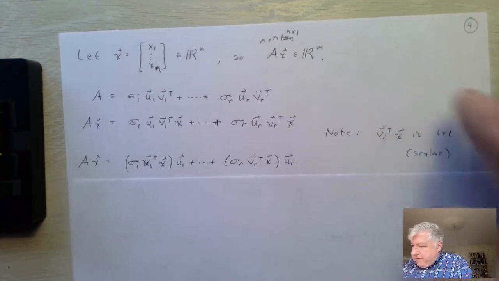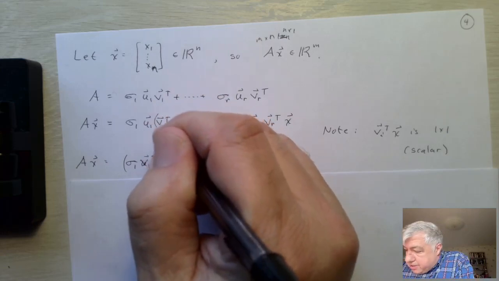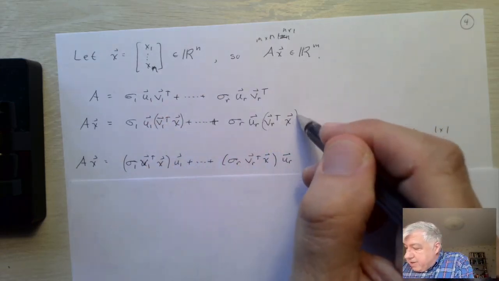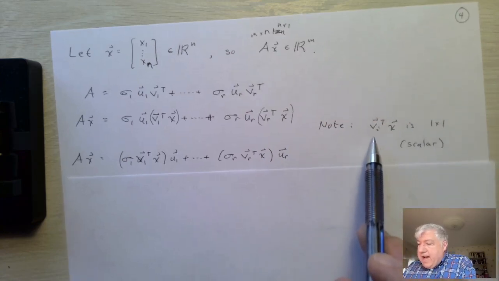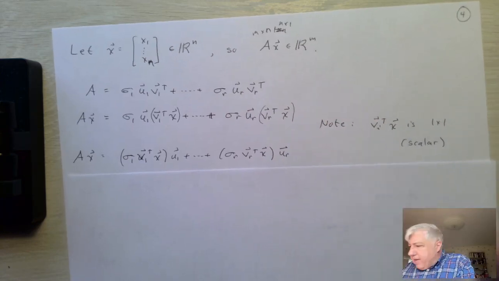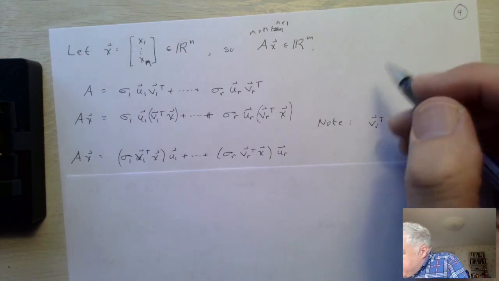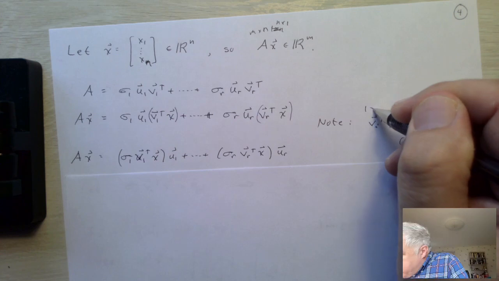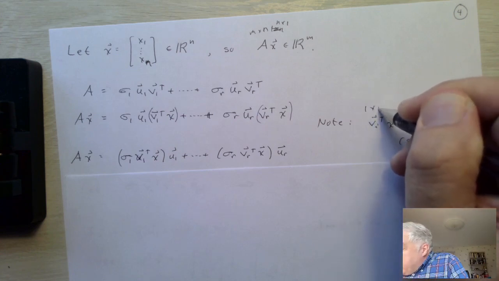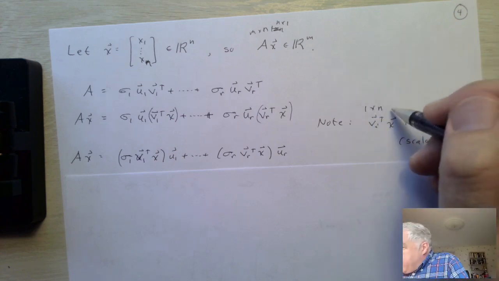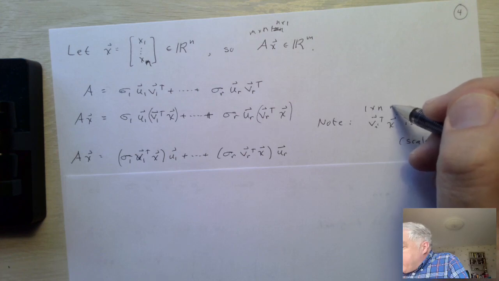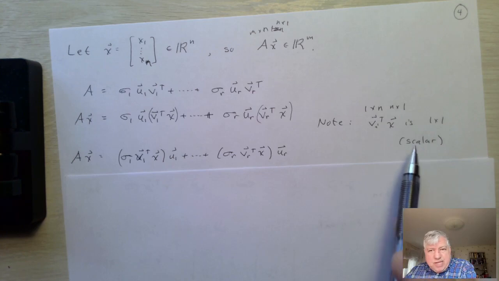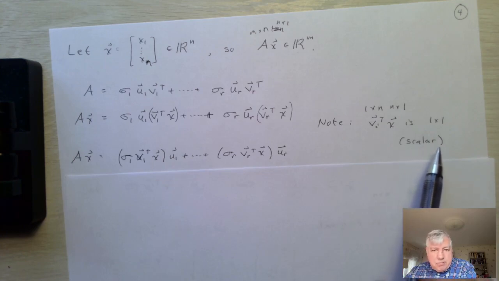If we look at v1 transpose times x and vr transpose times x, this is a 1 by 1 matrix, because v_i transpose has 1 row and n columns, and x has n rows and 1 column. So this is a 1 by 1 matrix.